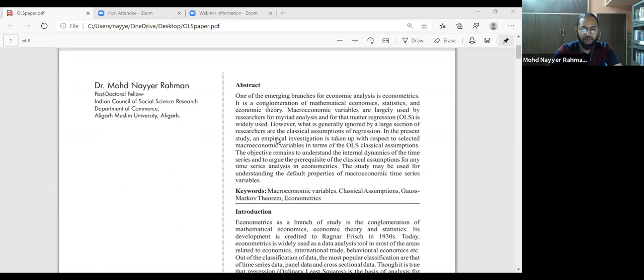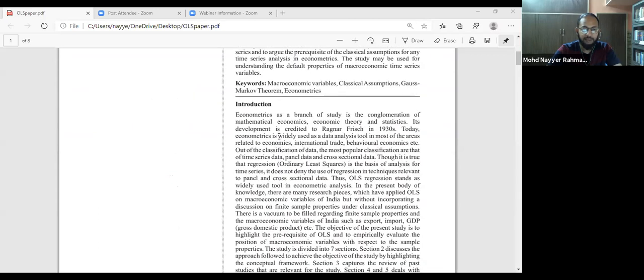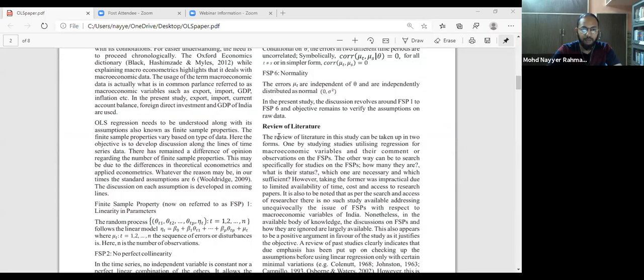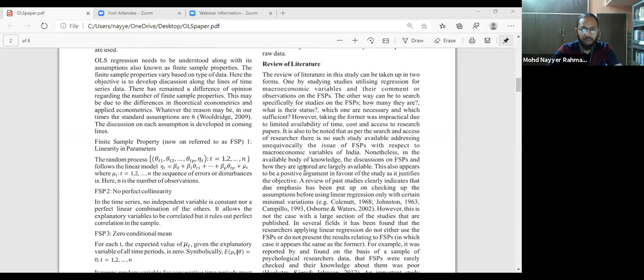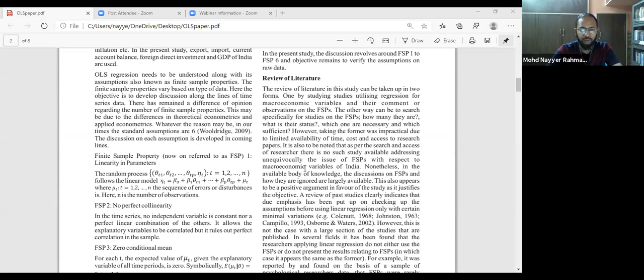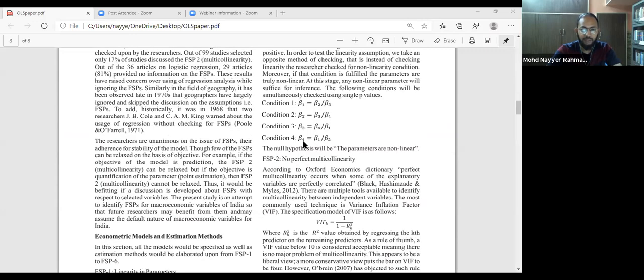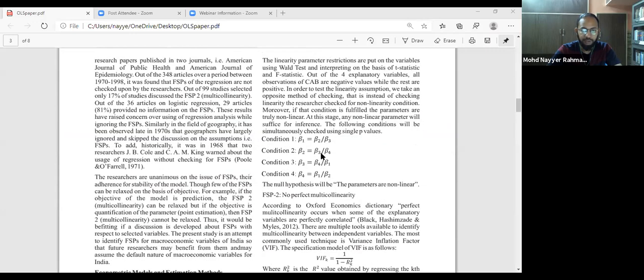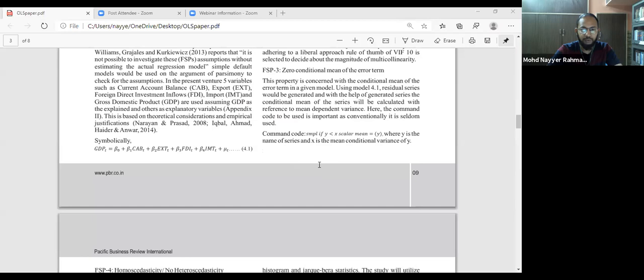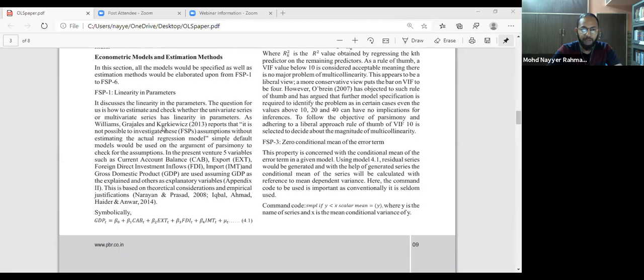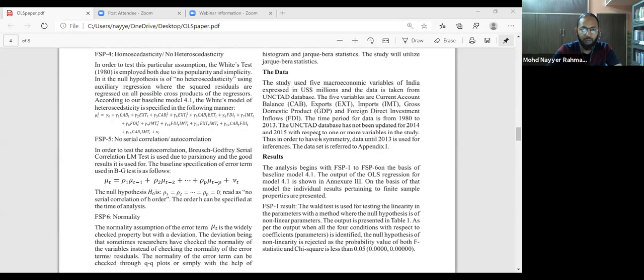And here you can see that I have mentioned all the finite sample properties starting from FSP1 to FSP6, and how to check. All the methods are given, the conditions, how to apply the condition, and what the methods are for multicollinearity, then what the methods are for zero conditional mean, how to apply.